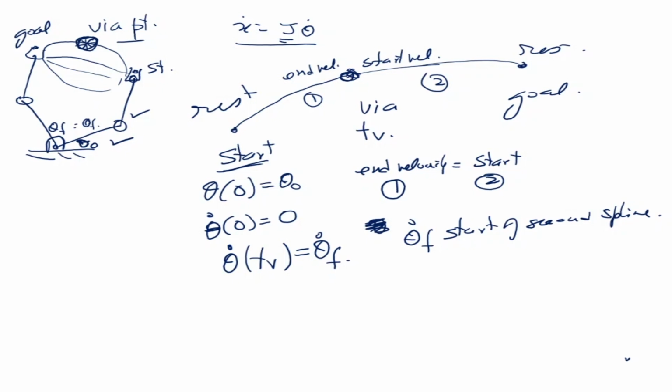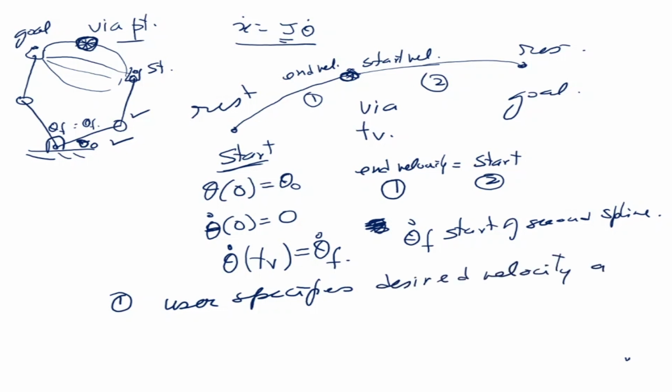Number one, the user specifies the desired velocity at each via point. That is one way the user is specifying.